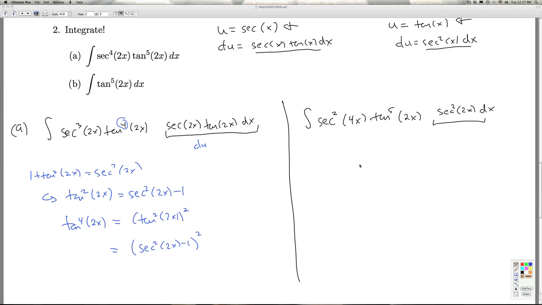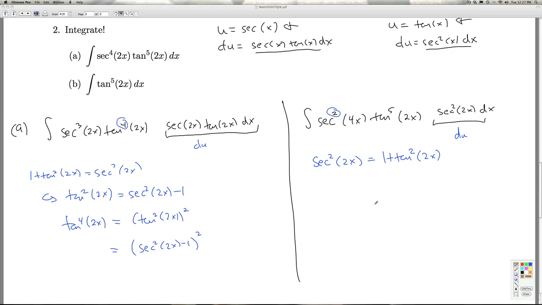And once again, doing this, I have an eye towards letting u be the tangent. And is it possible to convert everything that's left over here into tangents? And the answer is yes, because whatever's not a tangent, I have an even power of secant. And so I can use this identity directly as given to convert this secant squared into 1 plus tangent squared. So it is possible to do this problem both ways.